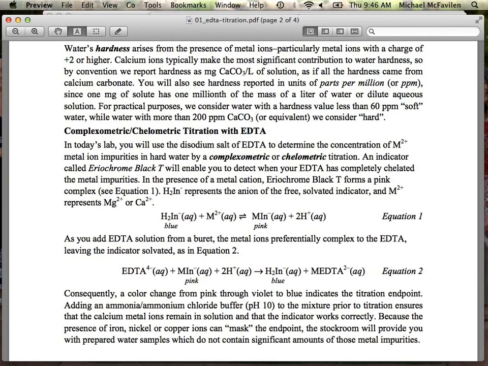If in the course of adding the EDTA, the H+ concentration changes, what happens to the indicator functioning properly? It doesn't. So what we have to do is add some secondary solution to balance out the concentration of H+, so it doesn't change in the course of the reaction, so that our indicator functions properly. Okay? Sound good? Okay.